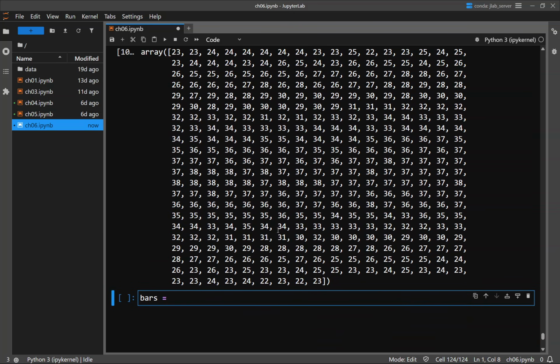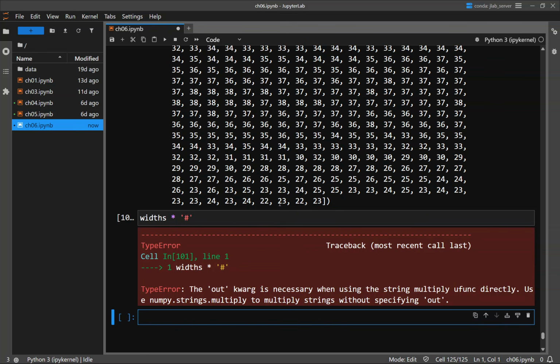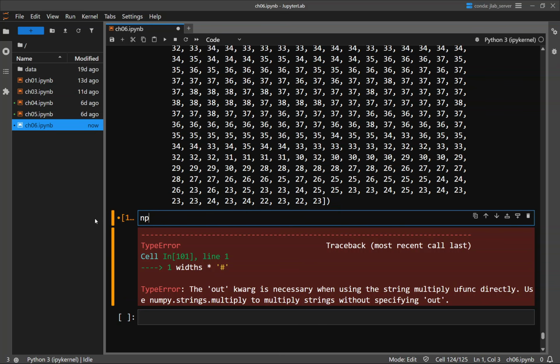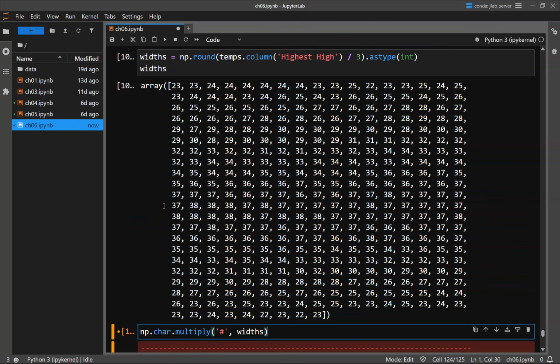Sadly, you can't just do it normally. If only you could say something like widths times number sign. Unfortunately, it's not happy about that, so there is a thing in NumPy, np.char for characters, dot multiply, number sign by all the widths. I've generated the widths, and if I say that, it will multiply number sign by every width and give me a bunch of bars.